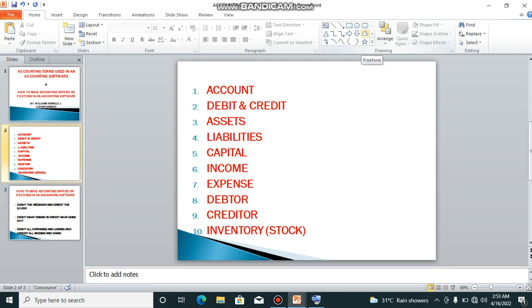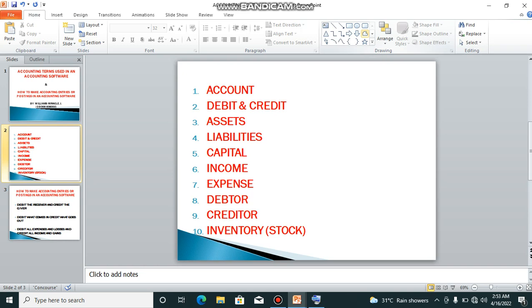Assets, which is the third. Assets are resources owned by a business. I don't want to go any further; there is a definition of assets in the five elements of financial statements. But take note of what assets are: resources owned or controlled by a business.